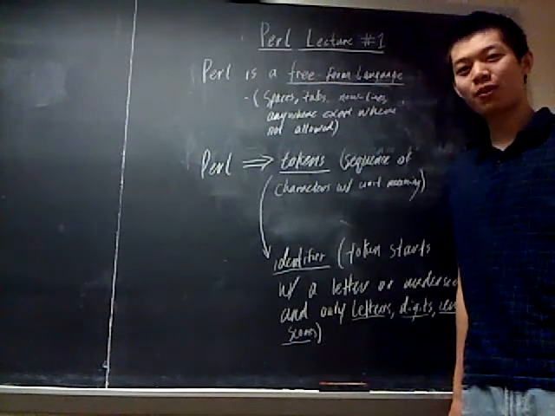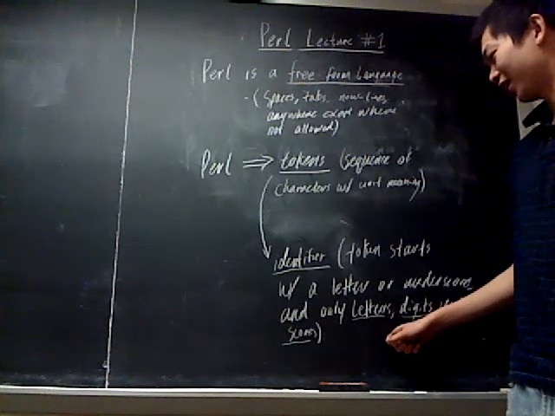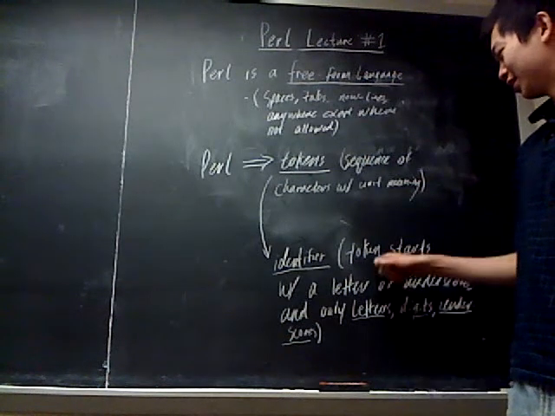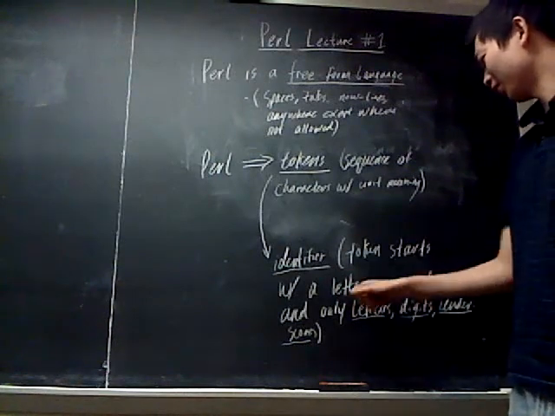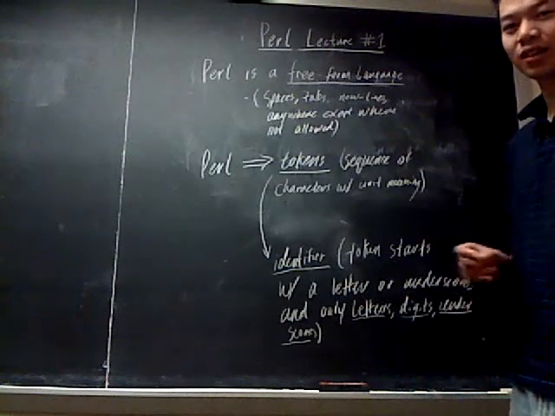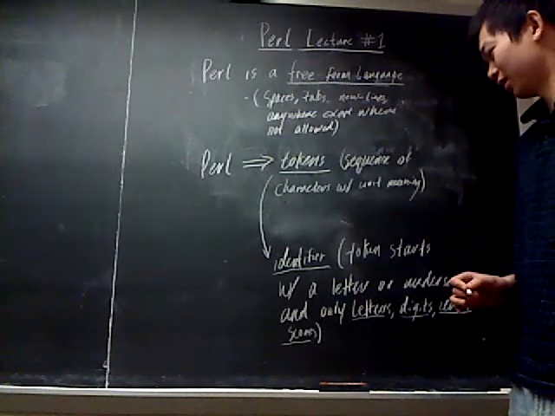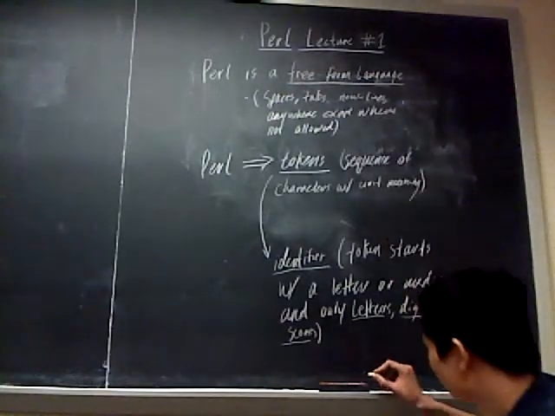So now, let's go back to what we were doing. We just talked about identifiers, and it's a token that starts with a letter or underscore, and only letters, digits, and underscores are within the token. And I should say that it only consists.